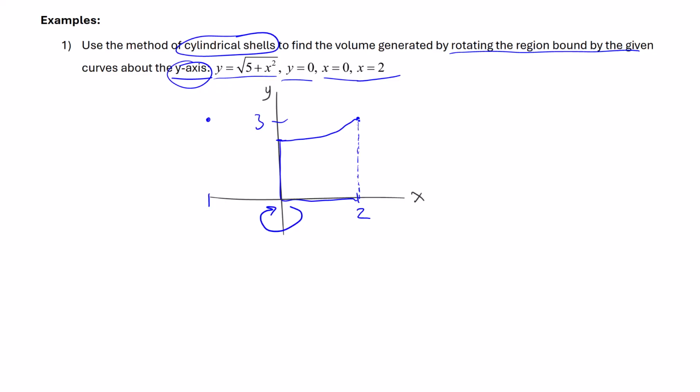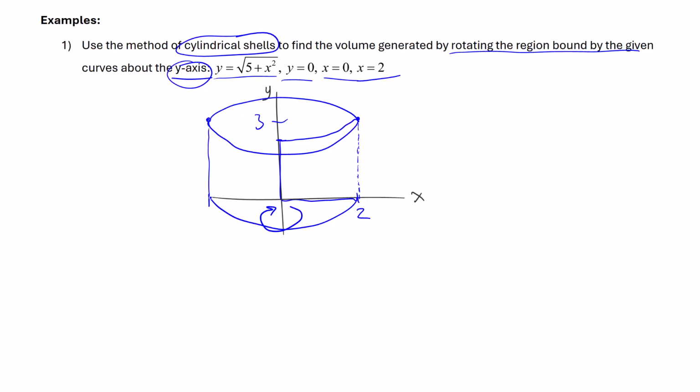So you can imagine this whole region being rotated all the way around to create this three-dimensional solid, and that's what we're trying to find the volume of. Even the bottom would rotate all the way around.